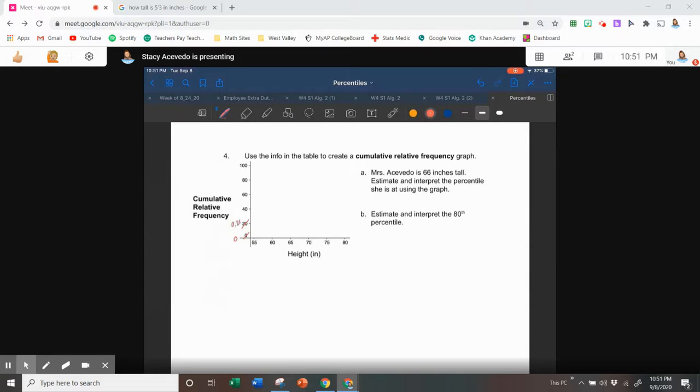So I'm going to put 0.20. Instead of 40, we're going to put 0.40. Instead of 60, we're going to put 0.60 to represent the 60%. Instead of 80, I'm going to put 0.80. And then instead of 100, I'm just going to put 1 for 100%.